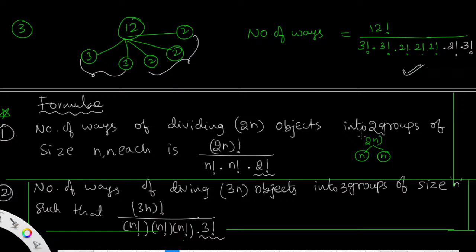That is why 2n factorial by n factorial into n factorial, two groups are there, then write 1 by 2 factorial. If three groups are there, so 3n, and n, n, n, then divide with 3 factorial, then only it is correct. Here 2 factorial, then only it is correct, if the size is n each. Okay.